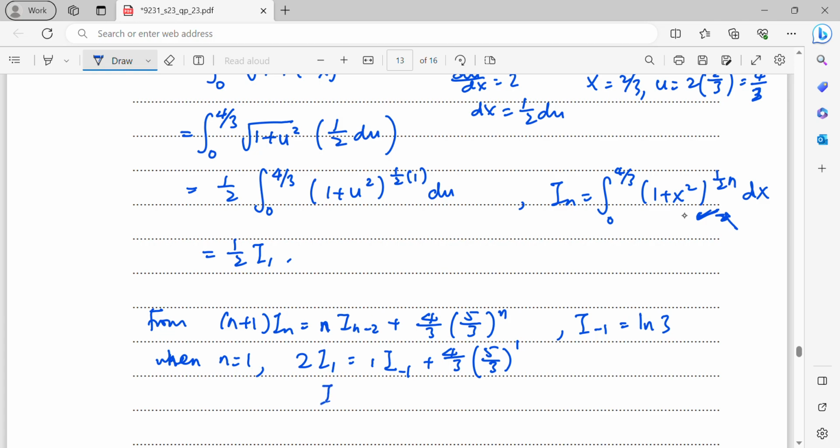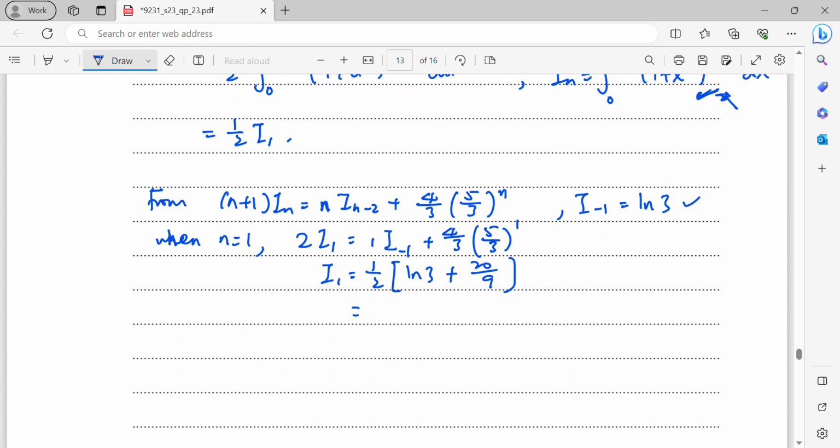So my I1 is going to be half of everything. So I1 is half of ln 3 plus, this is basically 20 over 9. I1 found.